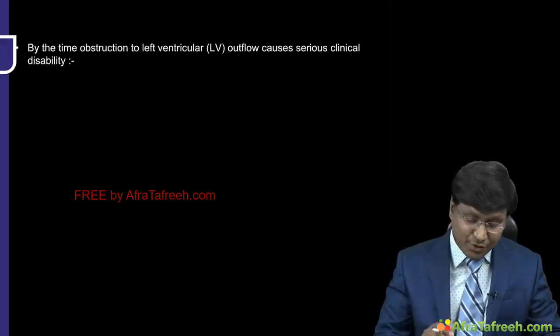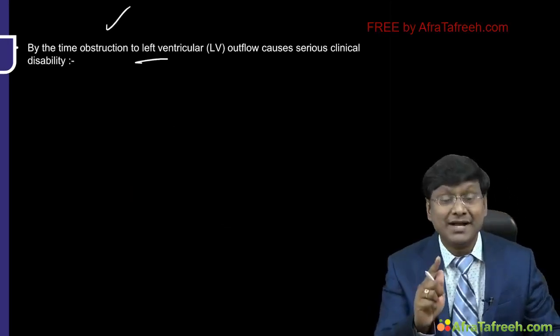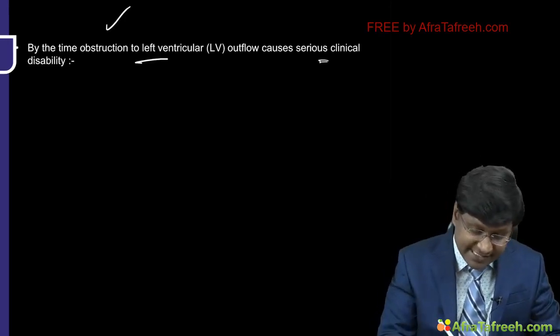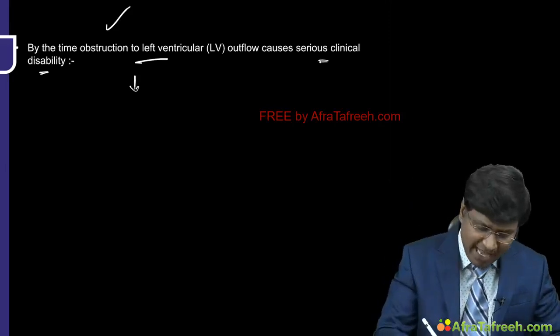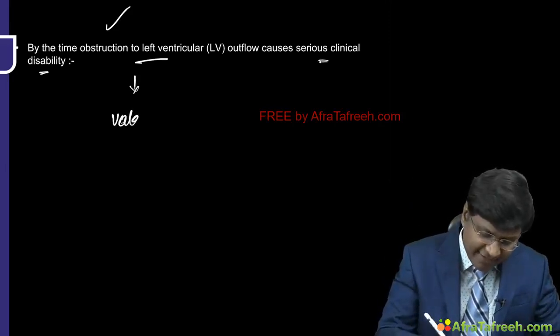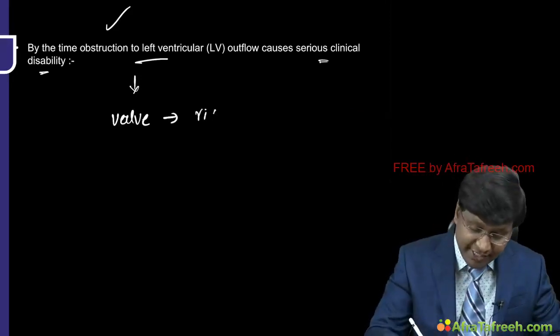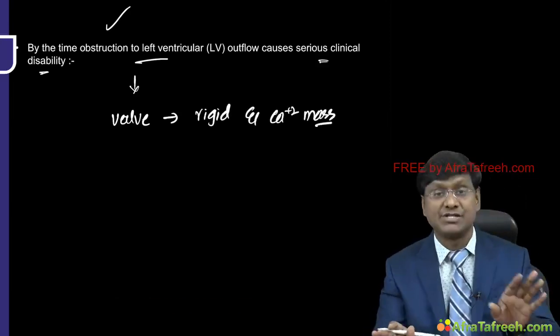And you have to remember that by the time the obstruction to the left ventricular outflow tract causes serious clinical disability, the aortic valve becomes a rigid and calcified mass.